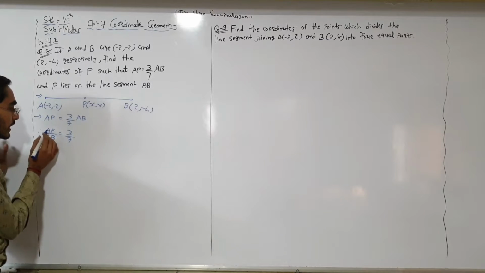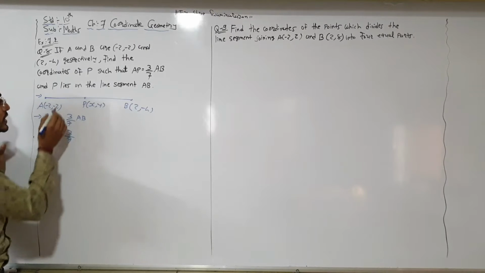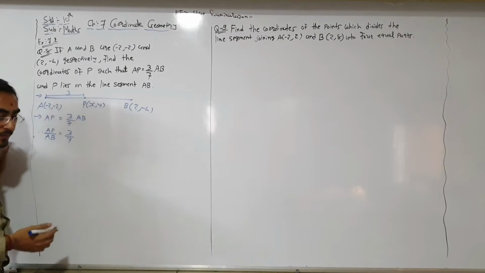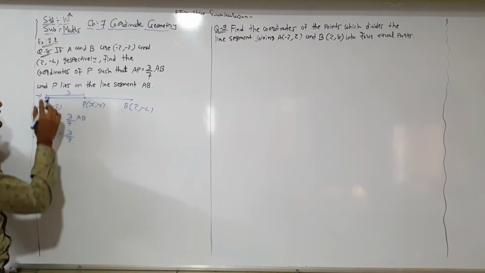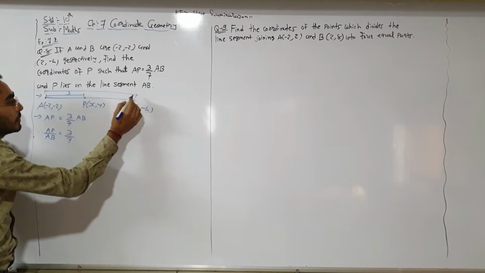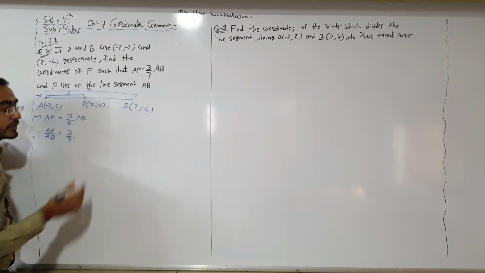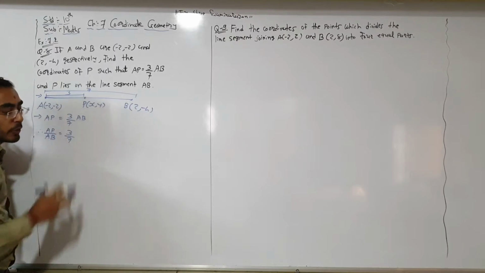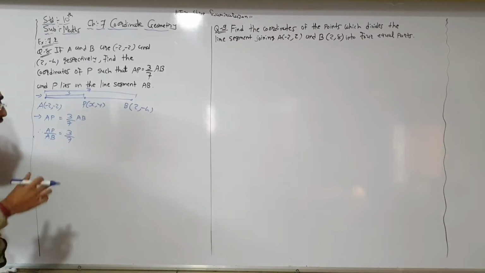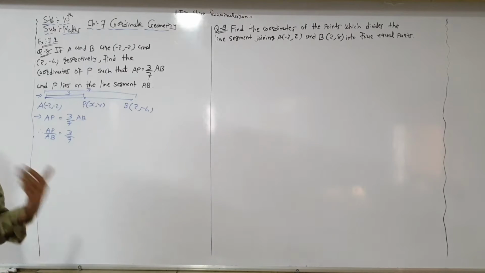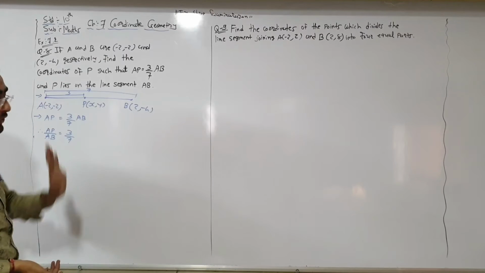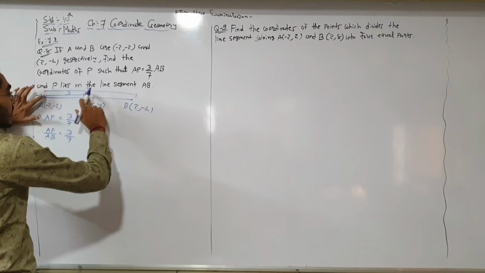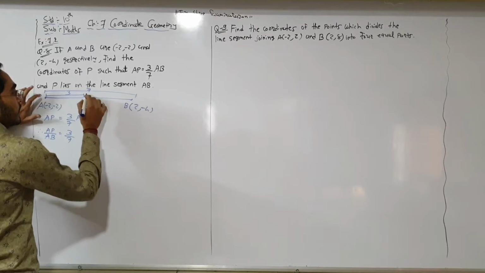Now in that AP is 3, and AB is 7. But we want the ratio of AP upon PB. So here full AB is 7. In that AP is 3, so the remaining part is 4.